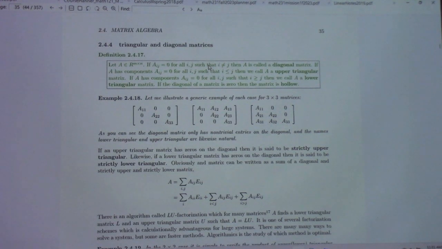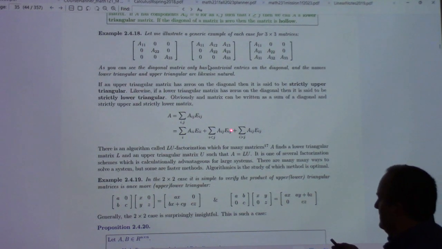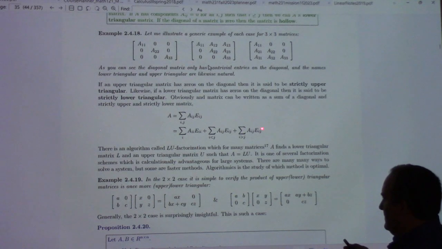Triangular matrices. So this is a great example of the use of the index notation here again. Like the fact that you can break a matrix up into these kind of matrix units is the fact that you can break the matrix into the diagonal piece, and then the upper and lower triangular pieces. I forget which is which without thinking through it, but yeah.